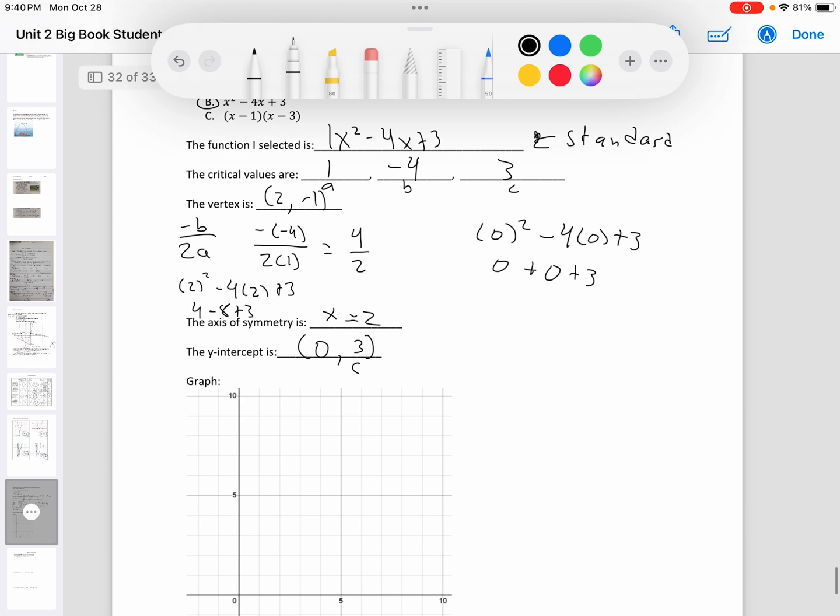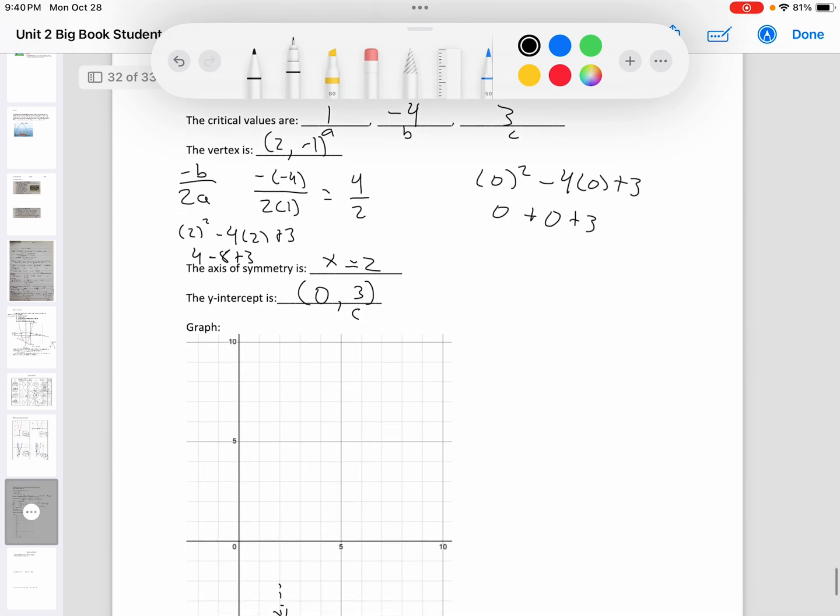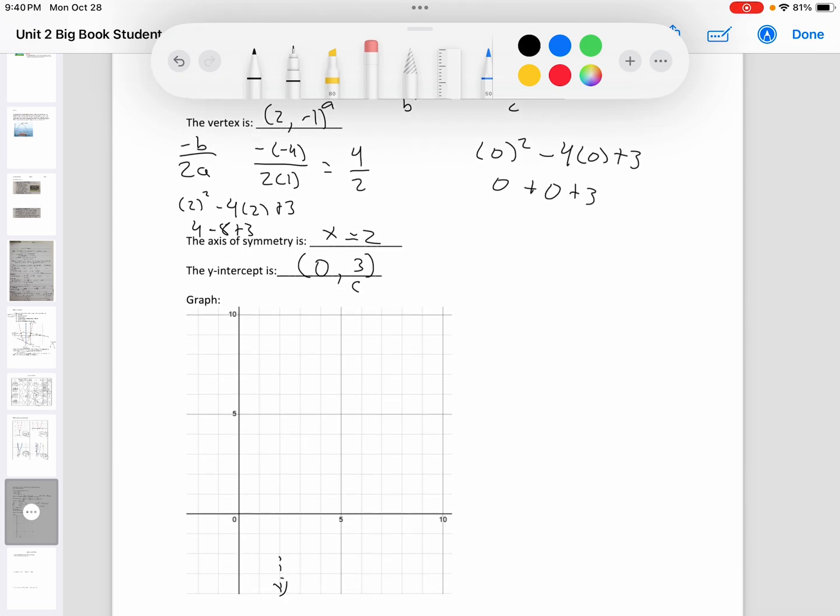Here, once we have our vertex, our y-intercept, and our axis of symmetry, we can put those on the graph. Oops, looks like I didn't quite erase down here. We have our vertex at the point (2, -1). We have our y-intercept at (0, 3). We have our axis of symmetry at x = 2. And we draw the curve that goes through these points.